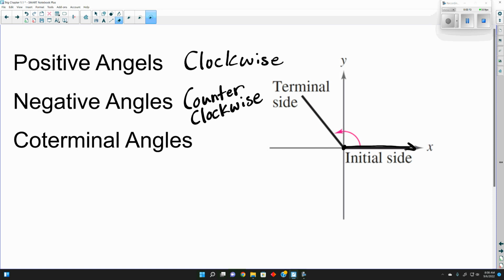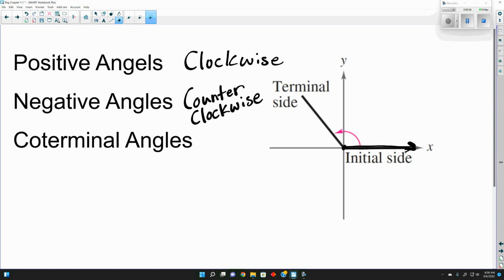Now, given a basic axis, the initial side will always be the positive x-axis. We will always consider this here to be the initial side, not terminal. The initial side, I don't know why I'm wanting to say terminal. But the initial side will always be the positive x-axis. And we'll go in one of two directions from here.